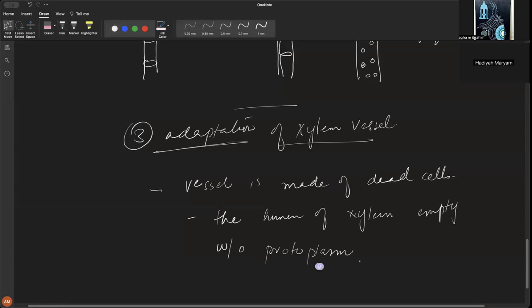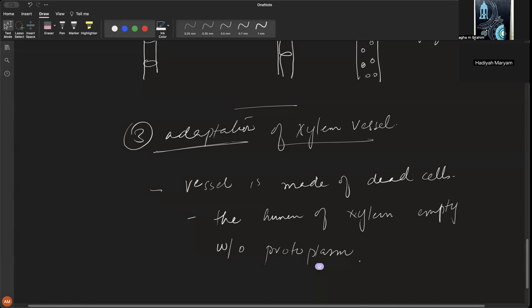There's no nucleus, no cytoplasm, no organelles, no big vacuole. All of that is not present, right?